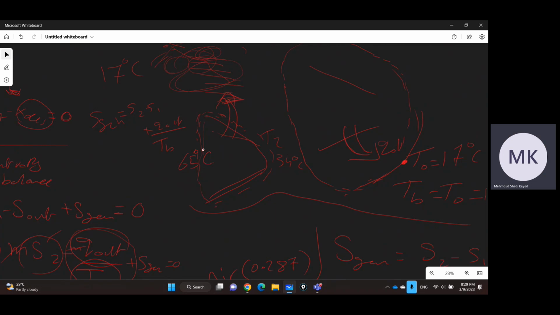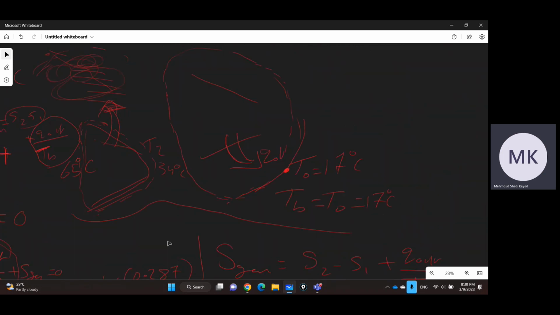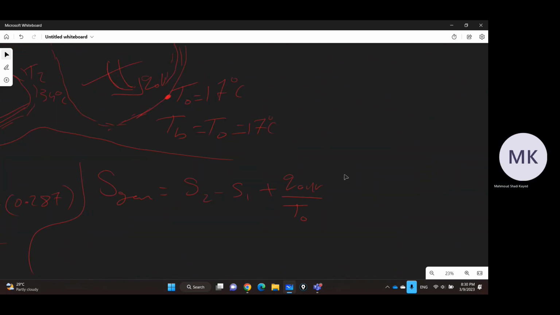So if we substitute the average, or if we integrate this term, the temperature will be high, so this term will be low. So we will add a low value to this term, and at the end we will get a lower value than the case of taking the boundary in the immediate surrounding, because here T naught is 17, which is lower than the initial boundary temperature.